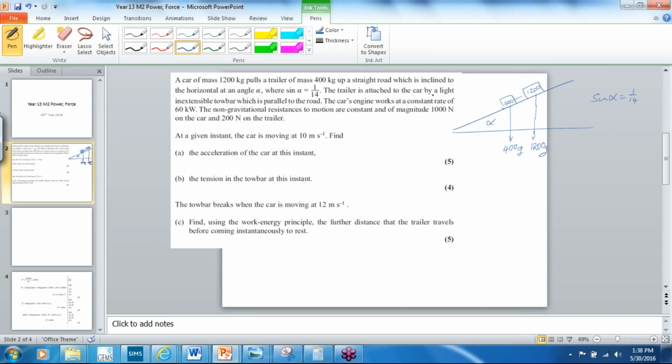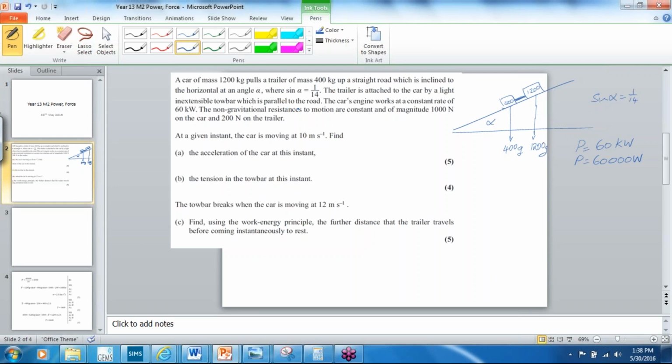The trailer is attached to the car by a light inextensible tow bar which is parallel to the road. So there is no mass on the tow bar at all. It's light and inextensible. The car's engine works at a constant rate of 60 kilowatts, so the power is 60,000 watts.